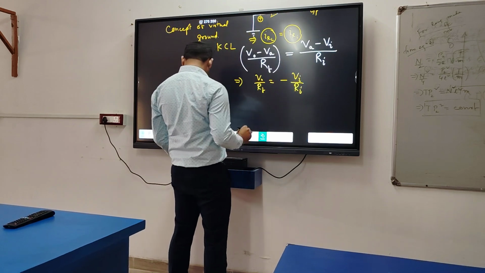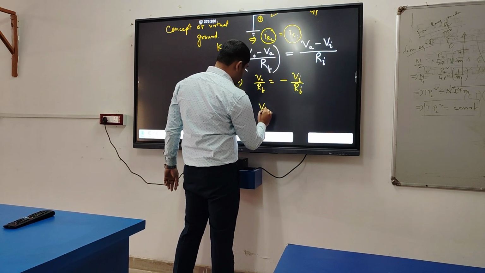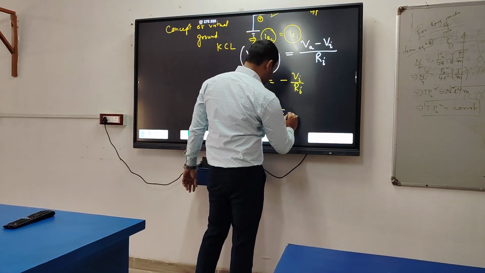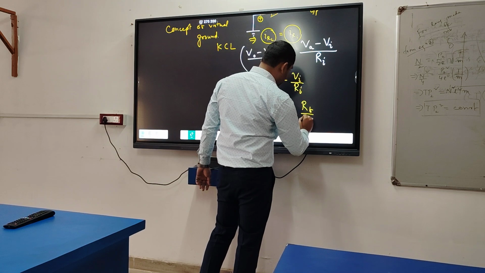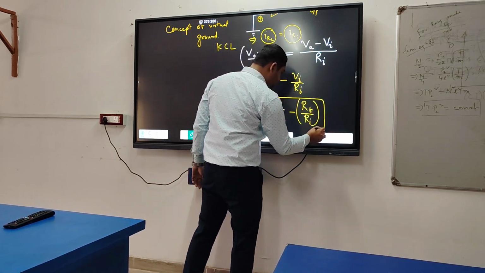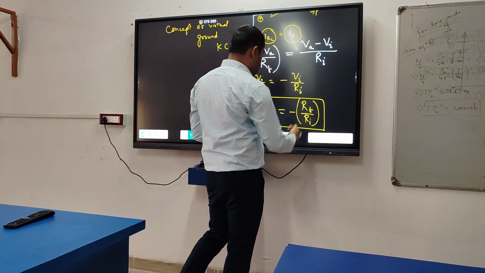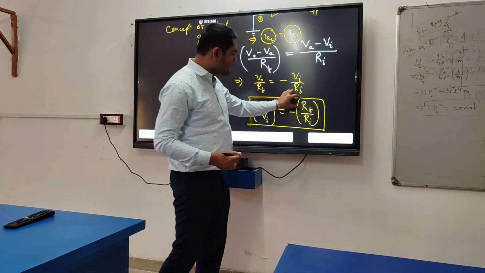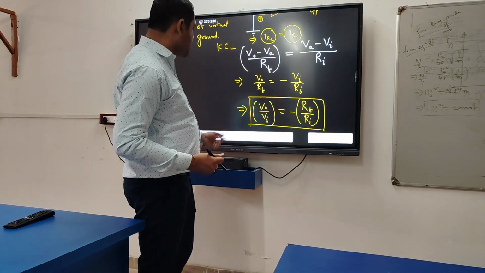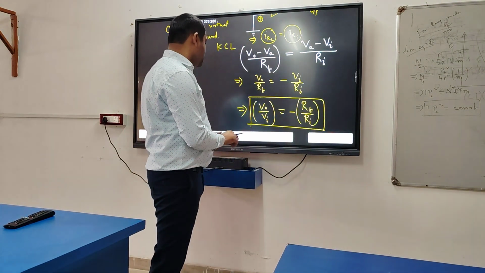This implies V out divided by VI, this is the gain basically, is equal to minus RF divided by RI. So we can control the gain by changing the feedback resistance and the input resistance. By changing the resistance, the gain of the inverting amplifier can be controlled.